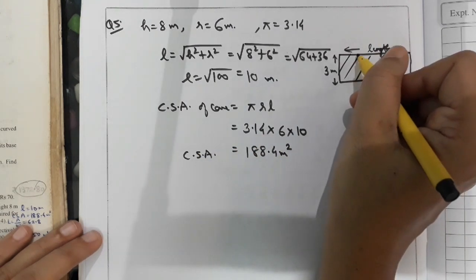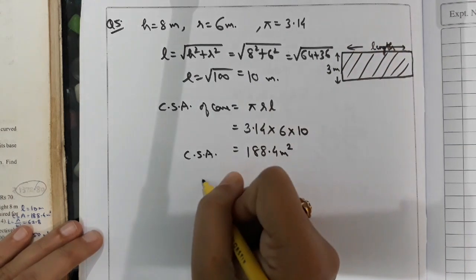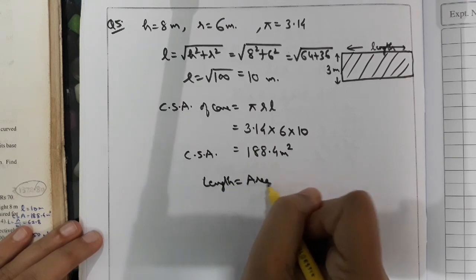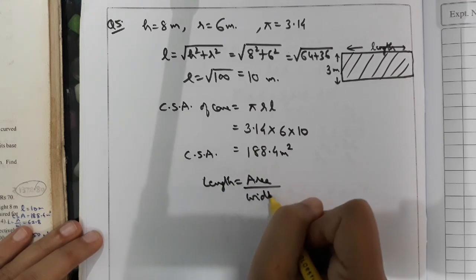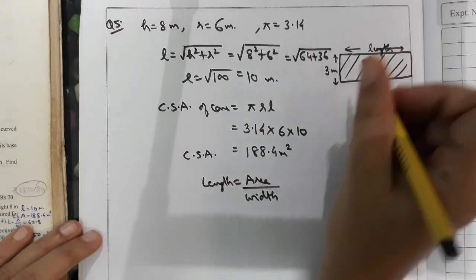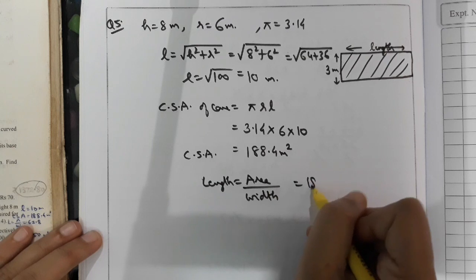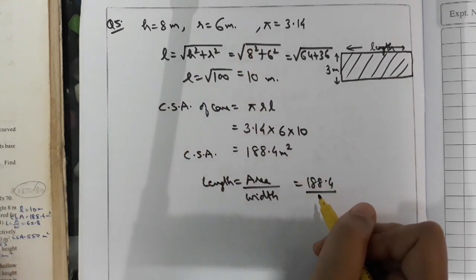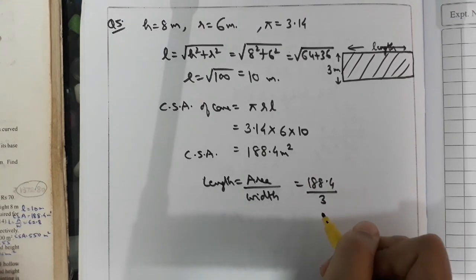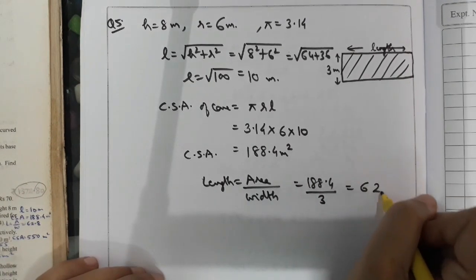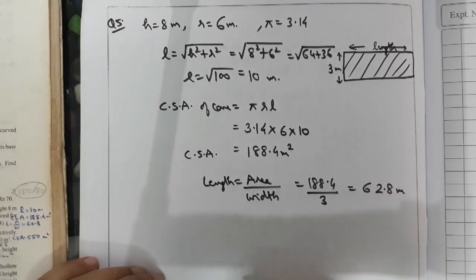Now we have found out the curved surface area. Length would be equal to area upon the breadth or the width, because we know that area is equal to length into breadth. So length would be the area which we have found out, upon the width, which in the question is given to us as 3 meters. So this is the length, which comes out to be 62.8 meters.